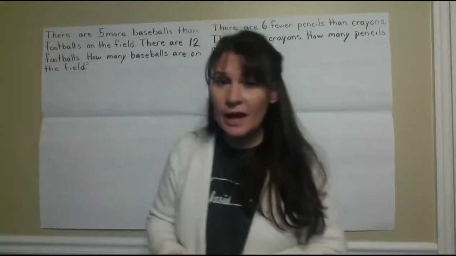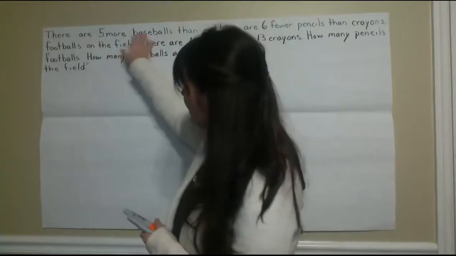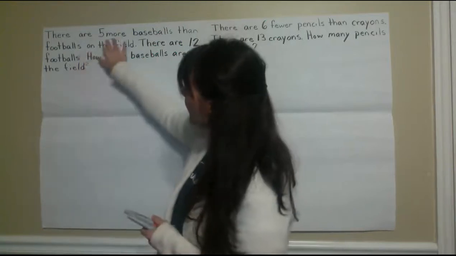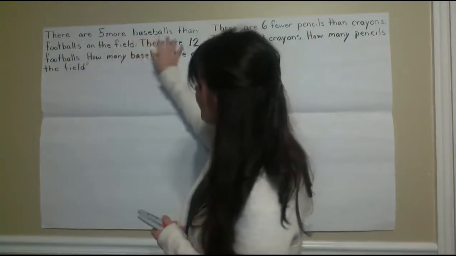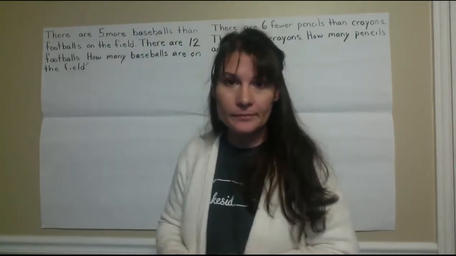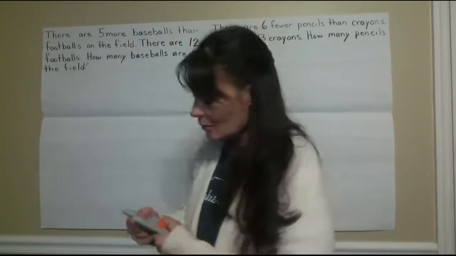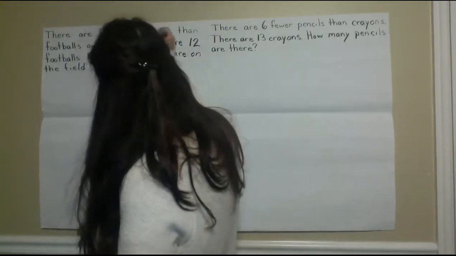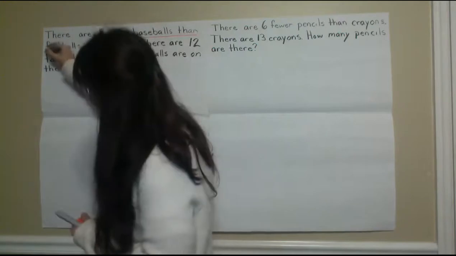So which do we have more of? Baseballs or footballs? Listen again. There are 5 more baseballs than footballs. So who has more? You're right. We have more baseballs. There are 5 more baseballs than footballs.